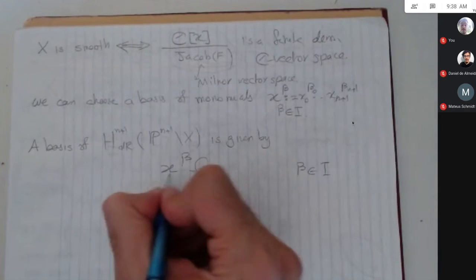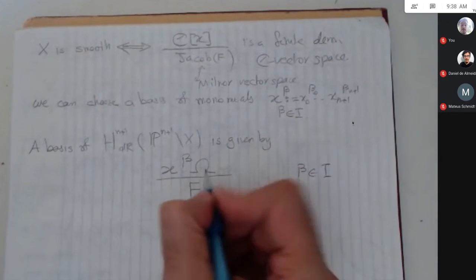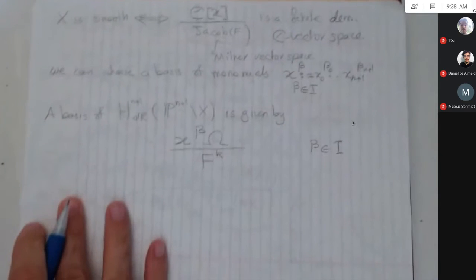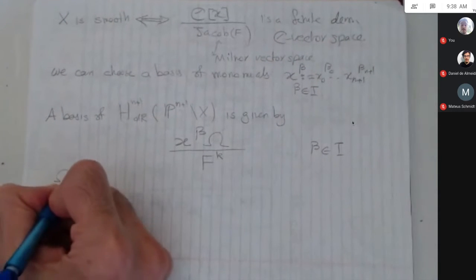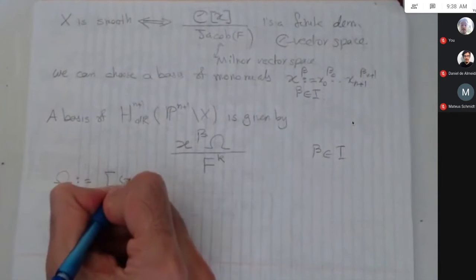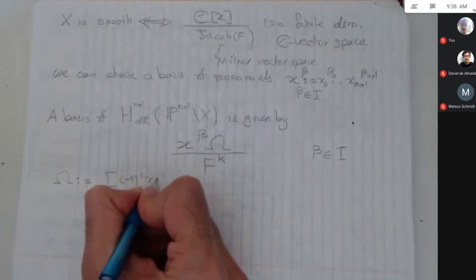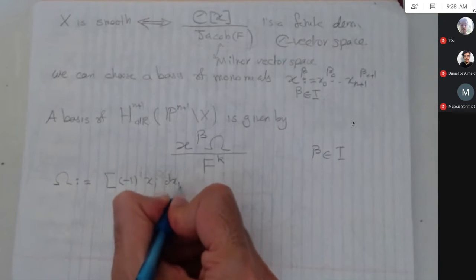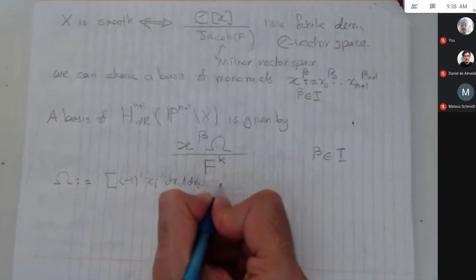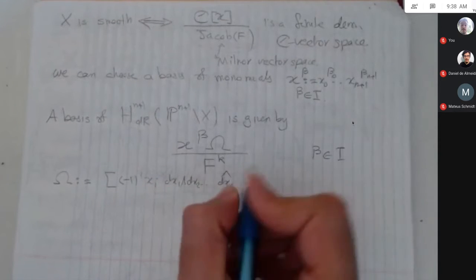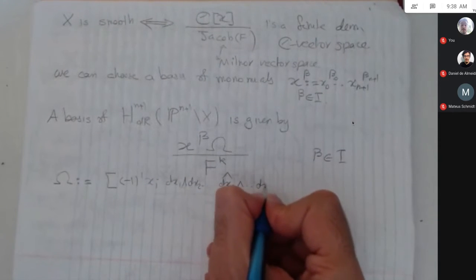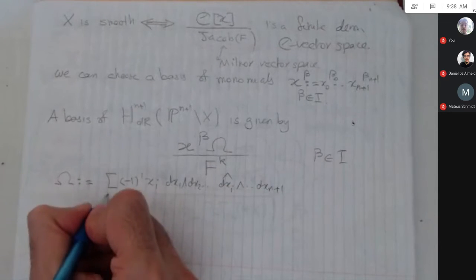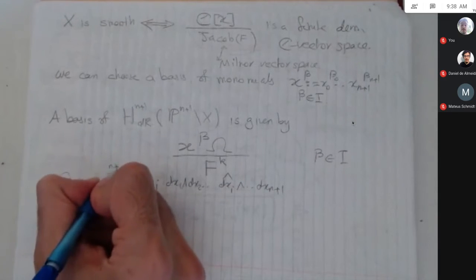So this omega that I wrote, and I will write it here also, this will be F_k. Let's say omega is the sum of (-1)^i x_i dx_1, dx_2, and so on, removing dx_i, up to dx_{n+1}, i equal to 0 to n+1.